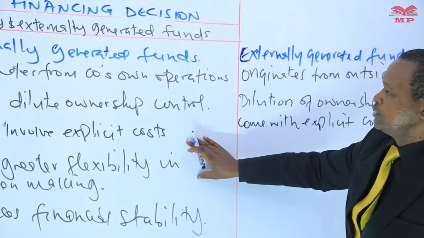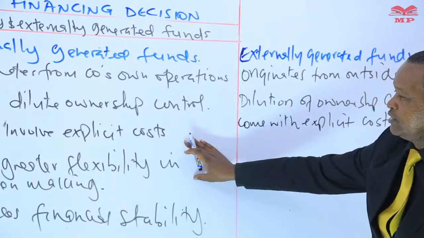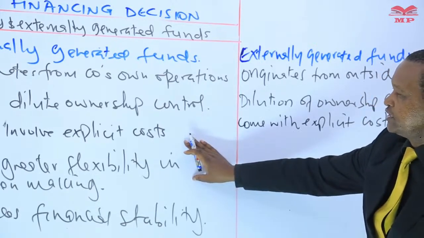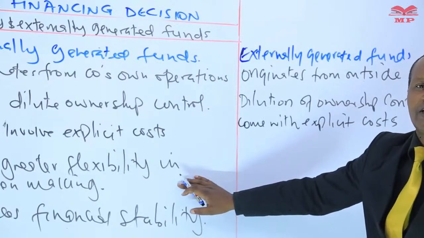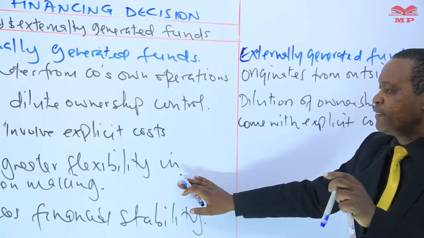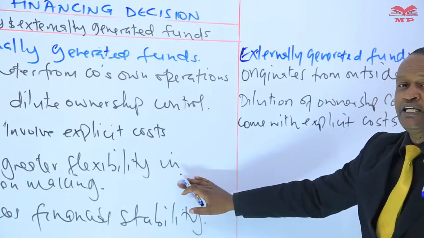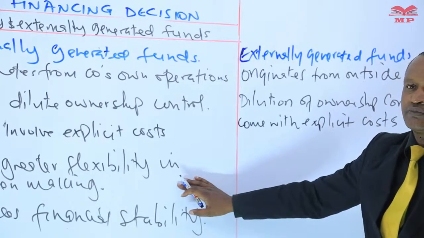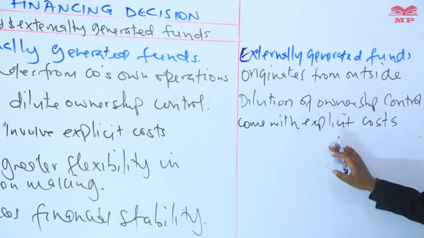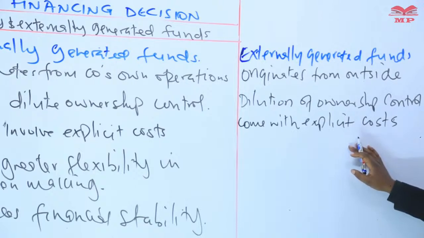The other distinction is based on flexibility. We saw that internally generated funds provide greater flexibility in decision making. But for externally generated funds, there are constraints.